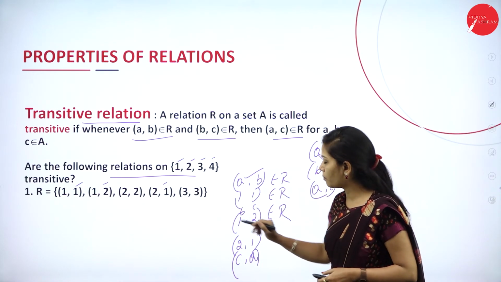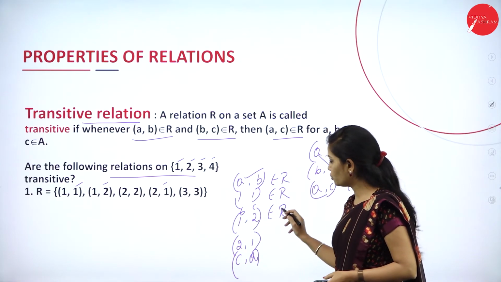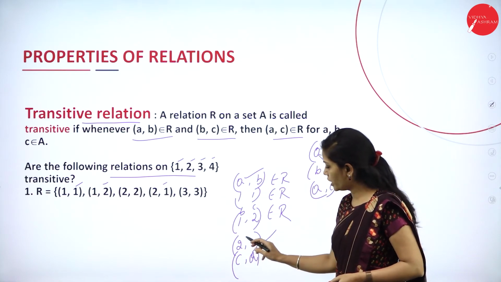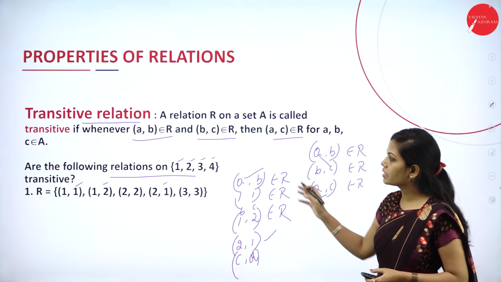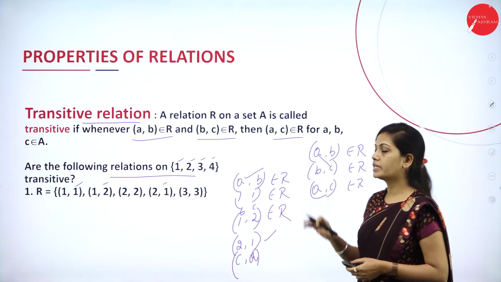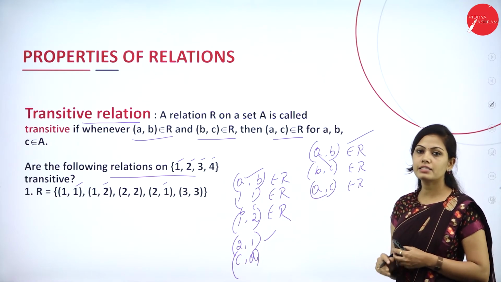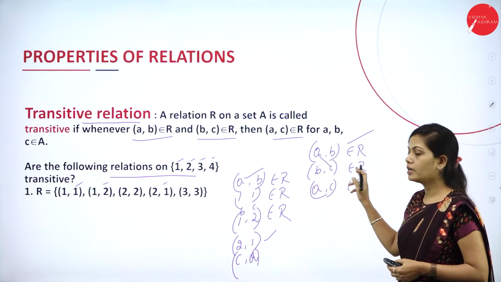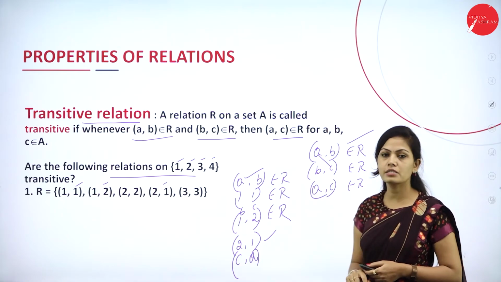And we have (1,2), so b value is 1, c value is 2, (1,2) belongs to R. And also we have (2,1), so here c value is 2 and a value is 1. So it is a transitive relation. It has to satisfy these three conditions: (a,b) belongs to R, (b,c) belongs to R, (a,c) belongs to R. This is about the transitive relation.